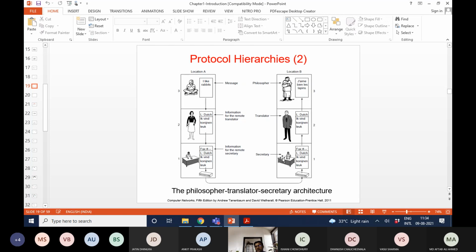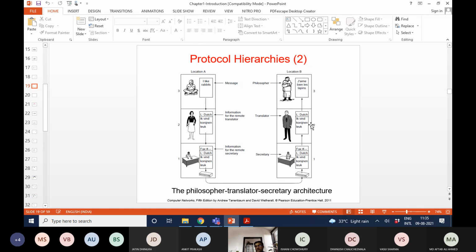Whenever the secretary receives this message, it knows that this is the correct fax number it has received. So it will pass on the message except the fax number information. The fax number information will be deleted by the secretary, and the rest will be given to the translator in layer 2.